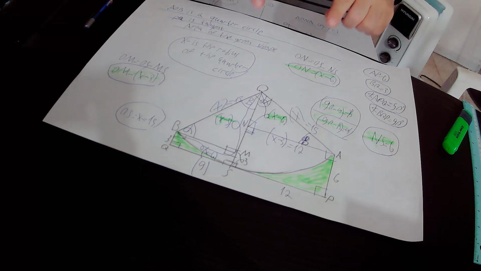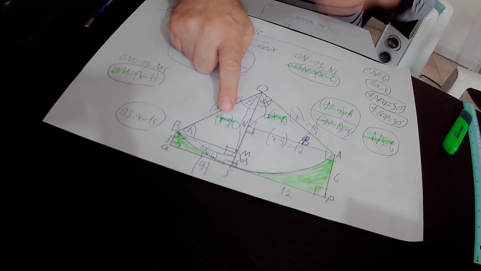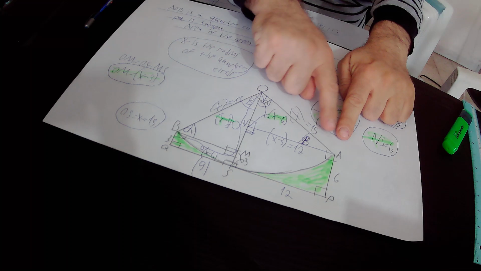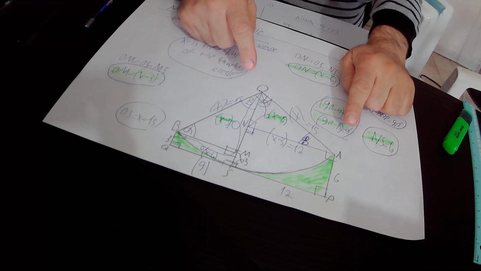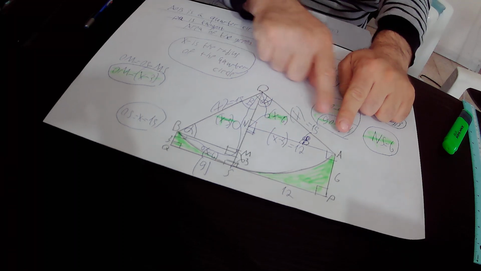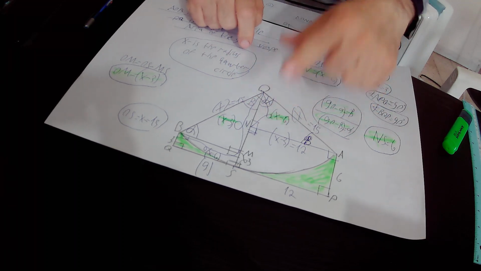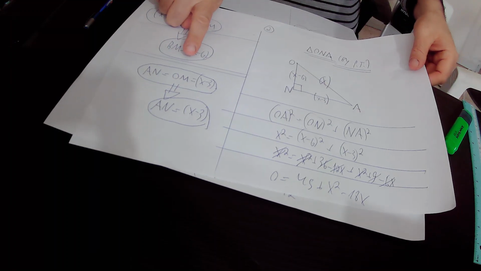Again, from the fact that those two right triangles are congruent, we can also conclude that side AN in the right triangle AON is equal to side OM in the right triangle OBM. Again, side AN equals side OM.